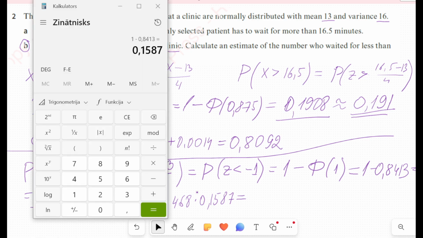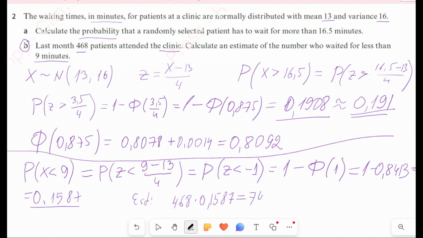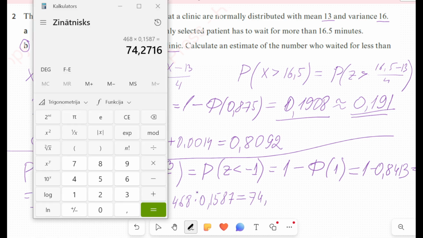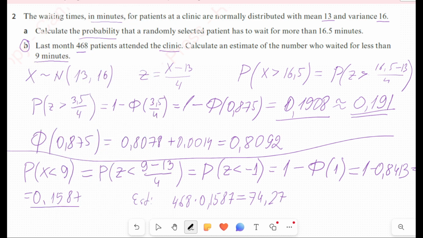On the calculator, 468 multiplied by 0.1587 gives 74.2716. Of course, we cannot take those values because we have to speak about the number of persons. So the answer is 74.